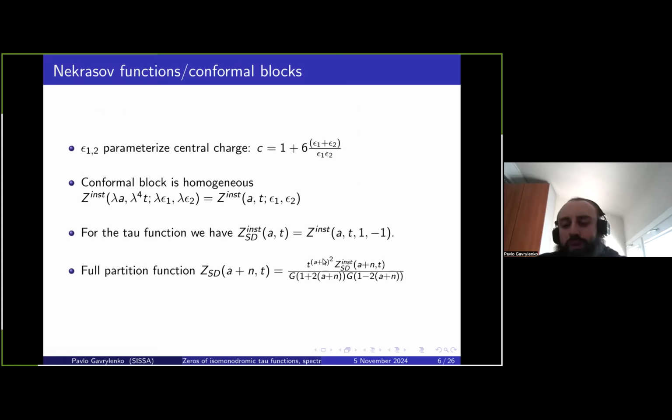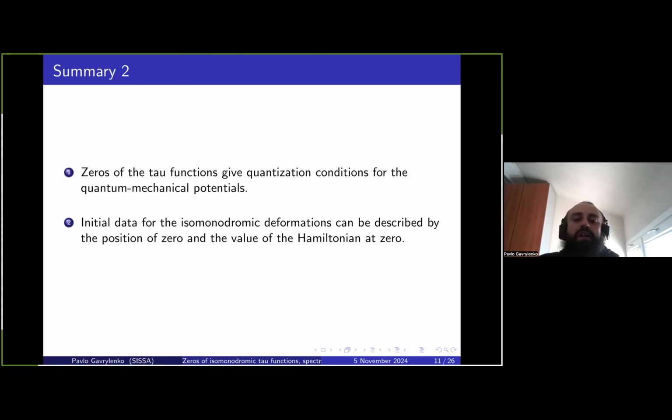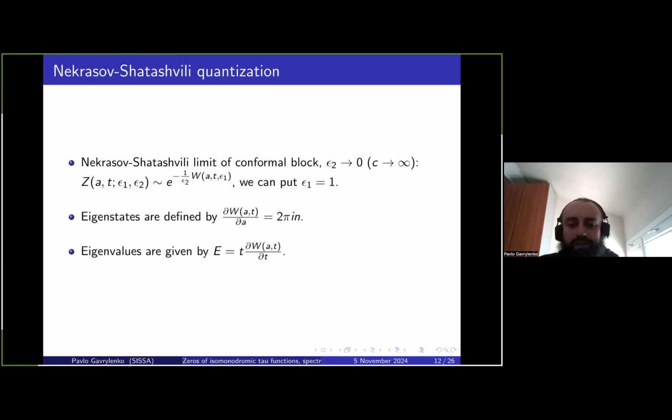And actually, for arbitrary epsilons, we should modify this formula. We should replace the Barnes function with the double gamma function with two parameters. If you do this, and then take the limit epsilon 2 goes to 0, then this partition function exponentiates this way: e to the minus 1 over epsilon 2 times some function W, which can be called a twisted superpotential or a classical conformal block.